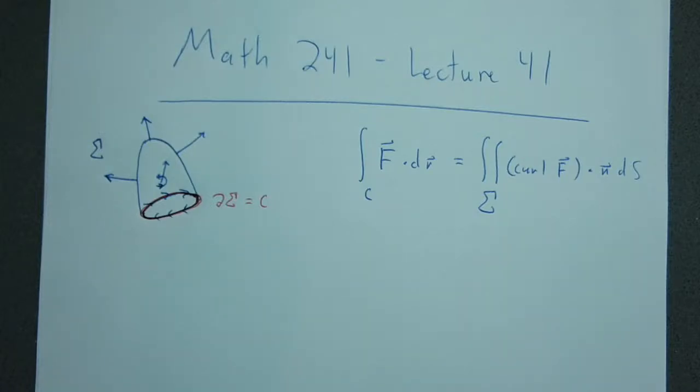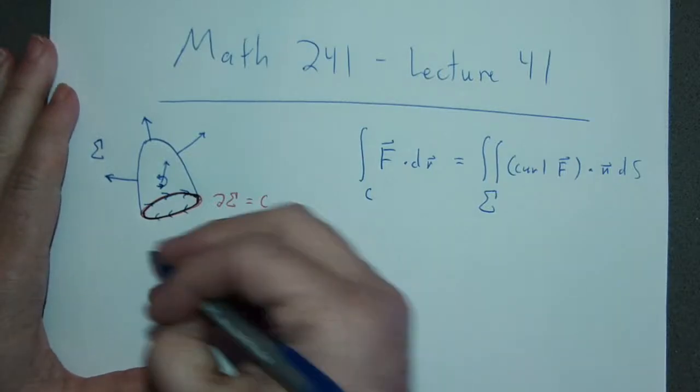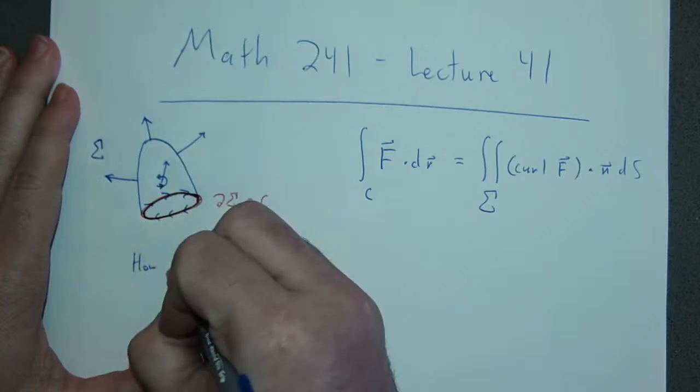So it wasn't a curl. It was this weird expression involving partials. And we're going to see one more named theorem that has that same form. The fundamental theorem of line integrals also kind of has that form as well, where the del in that case is the gradient. All right, so anyway, how are we going to use this?